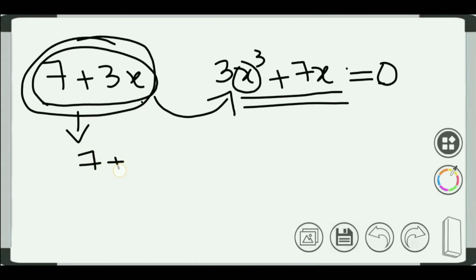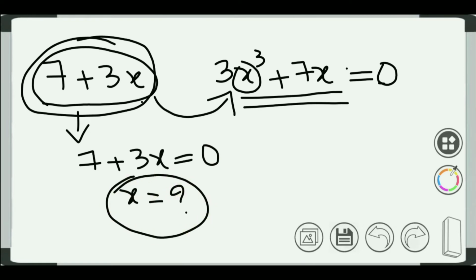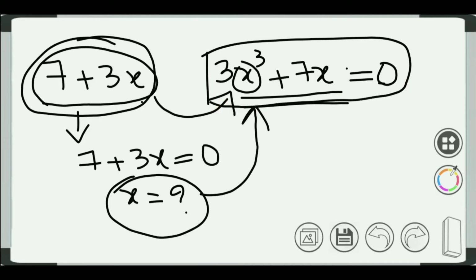You will equate it to 0. Then you will find a value for x. This value you will substitute in the polynomial and check whether it becomes 0 or not. If it is equal to 0, you can say this is a factor of 3x cube plus 7x, or else you can say 7 plus 3x is not a factor of 3x cube plus 7x.